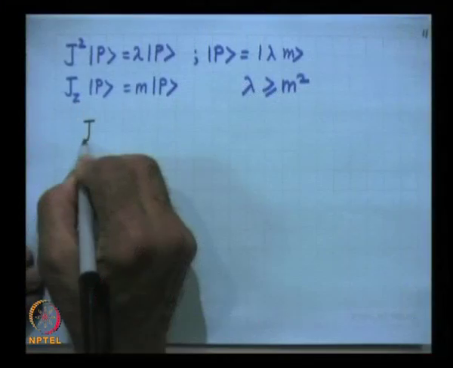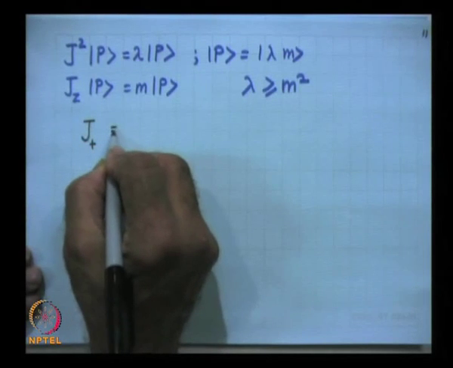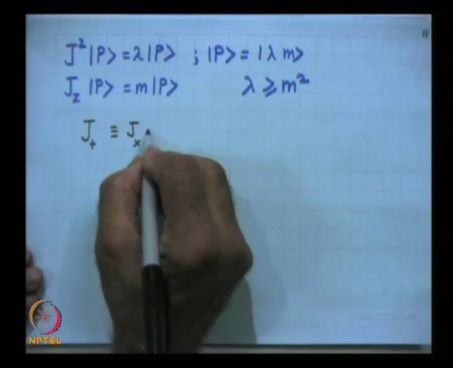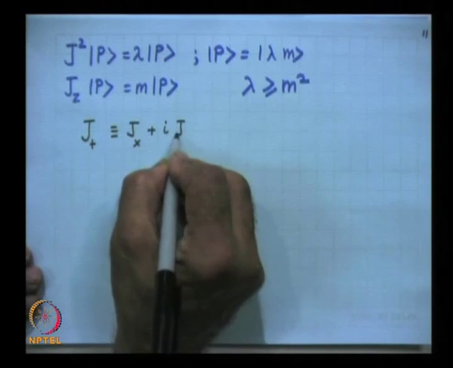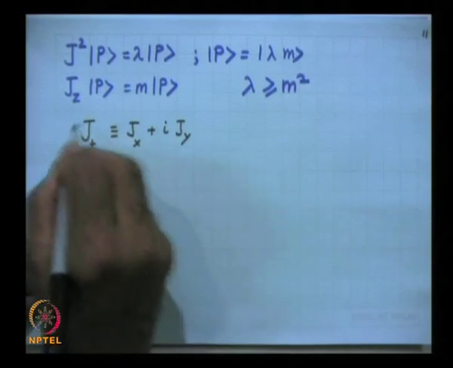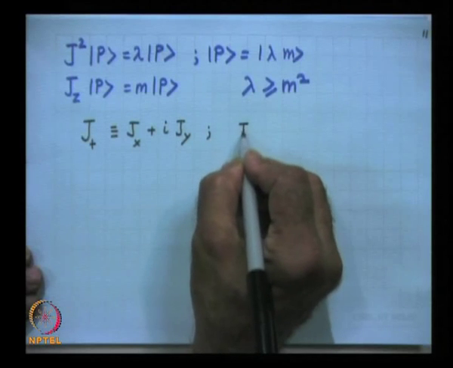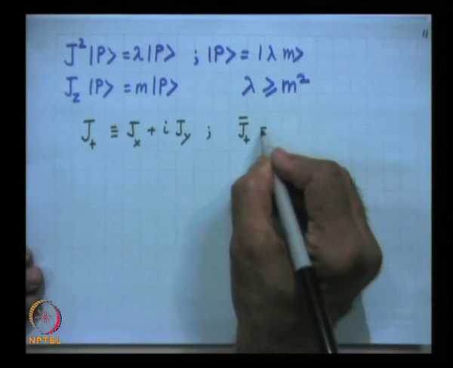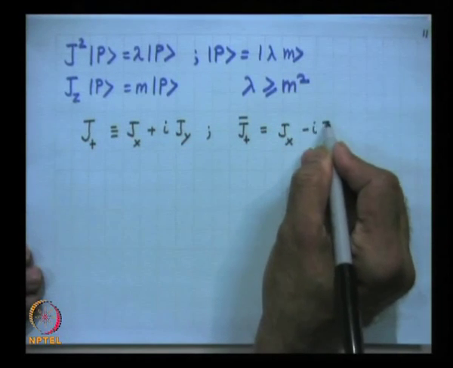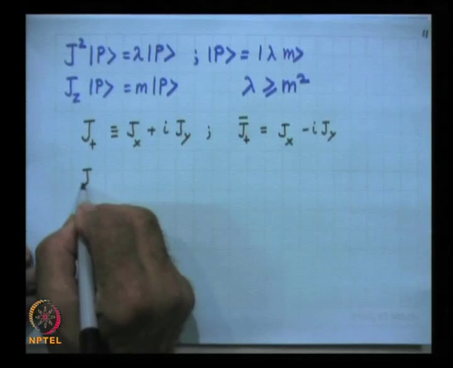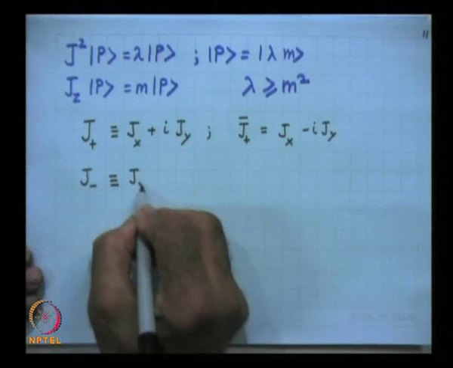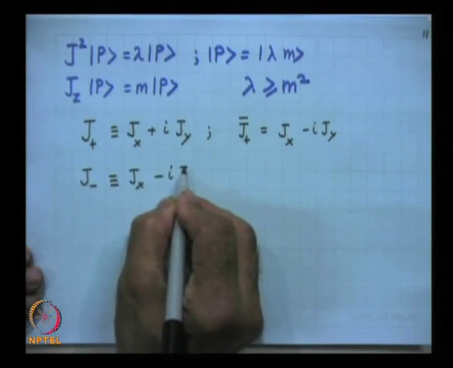The operator j plus is defined to be equal to j x plus i j y, and the adjoint of this, which is j minus, is j x minus i j y.